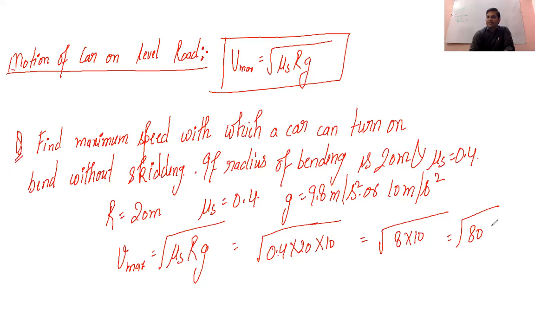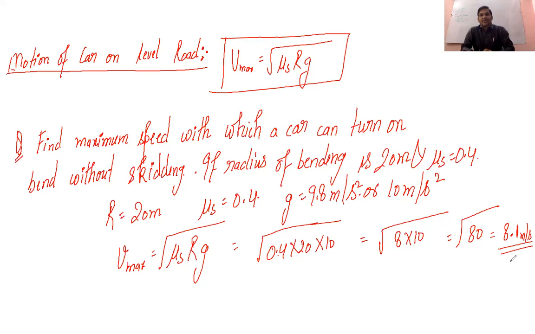If you solve it, it will be nearly 8 point something, let's say 8.1 meter per second. So this will be the maximum speed of the car without skidding.